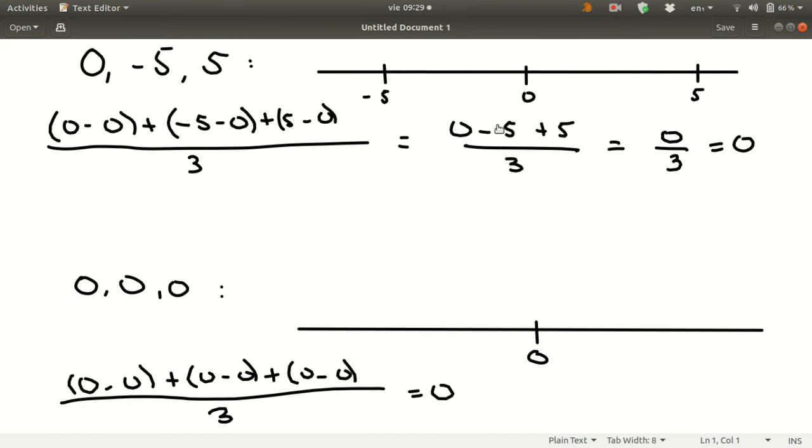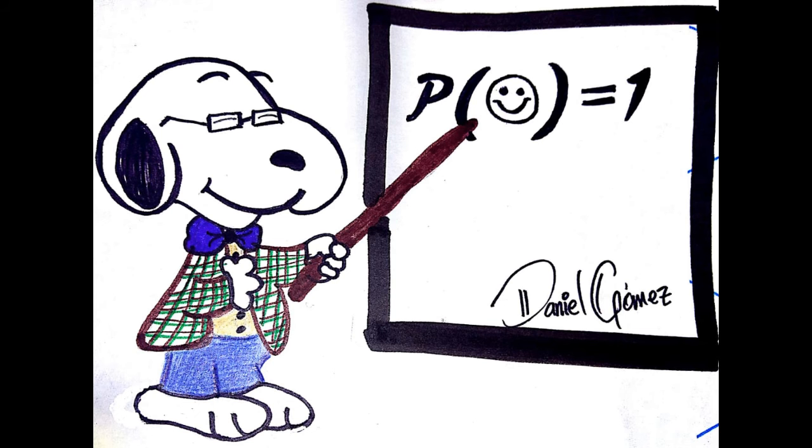We can see that in this case, the distance from -5 to 0 cancels with the distance from 0 to 5. So the average distance comes up to be the same, which is not what we want, because clearly the data set with the -5, the 0, and the 5 has more spread than the data set with just the 3 zeros.